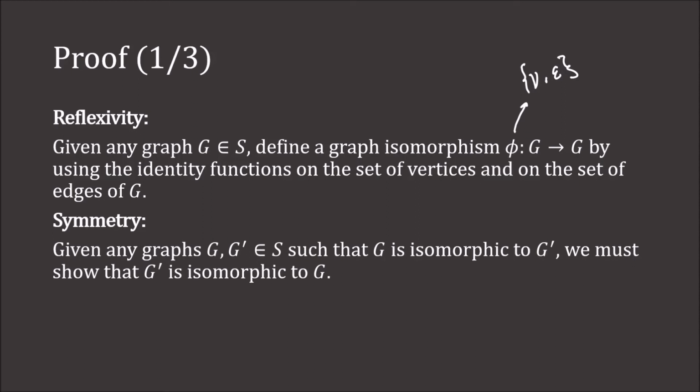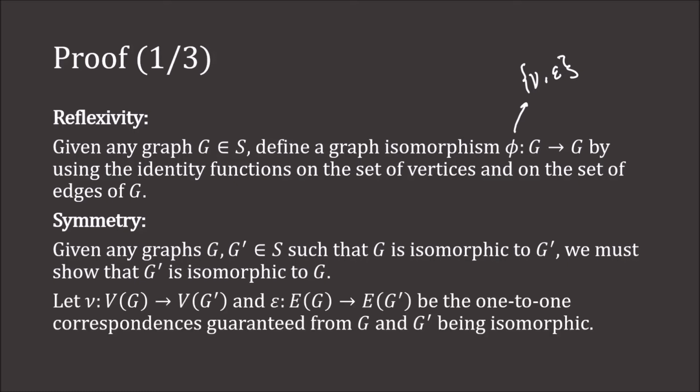For symmetry, given any graphs G and G prime and S such that G is isomorphic to G prime, we must show that G prime is isomorphic to G. Now, since G is isomorphic to G prime, we know that there's going to exist two one-to-one correspondences, nu from V of G to V of G prime, and epsilon from E of G to E of G prime, that are one-to-one correspondences.